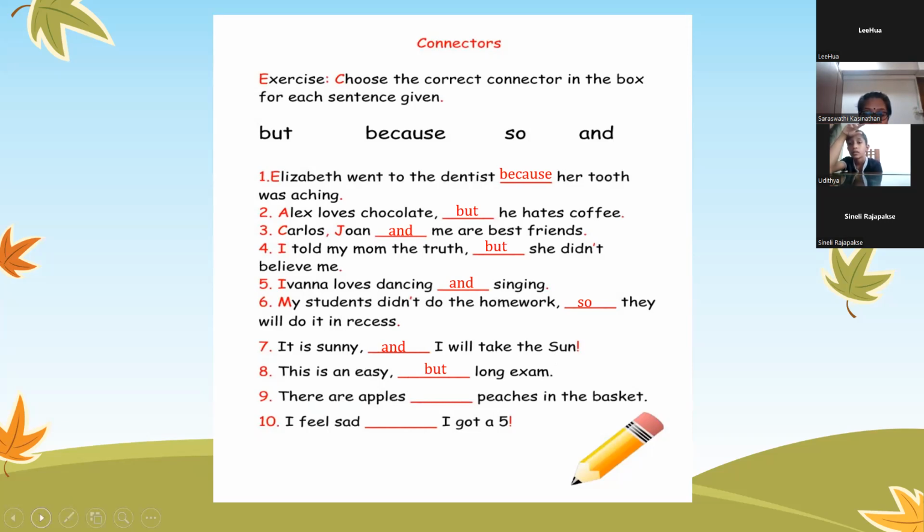Pens and teachers in the basket. Yes. Then this is where you use the word and because there are two things that are together, right? Number 10. I feel sad because I got a 5. Okay. I feel sad. The reason is because I got a 5, right?